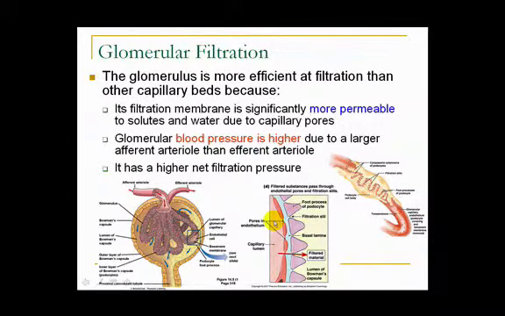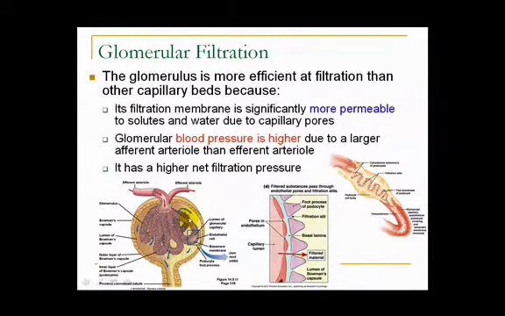So things get pushed from this higher pressure through the pores of the endothelium and then through the filtration slits. If you have an infection, you can start to have swelling, and when these cells swell, the spaces get pushed further apart, and then things that usually don't get through, such as blood cells or proteins, might start to get through.